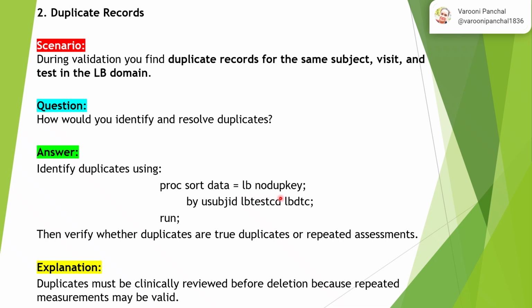You can use the NODUPKEY option here by using primary key variables, which are USUBJID, LBTESTCD and LBDTC. Then you can also use the numeric one also, and then you can verify whether the duplicates are true duplicates or repeated assessments, because duplicates must be clinically reviewed before deletion, because repeated measurements may be valid.